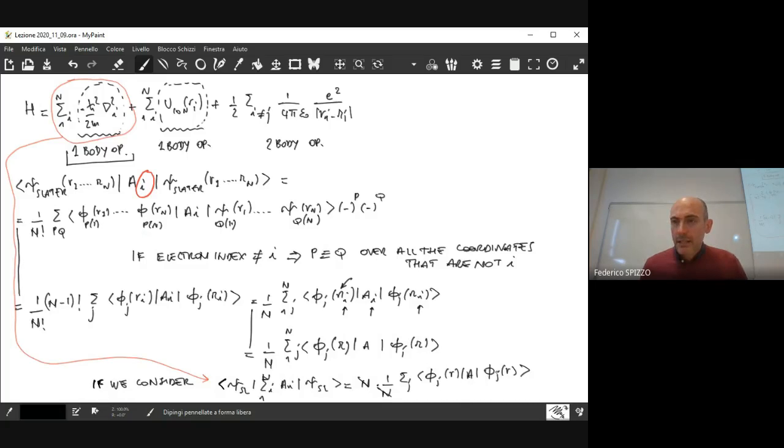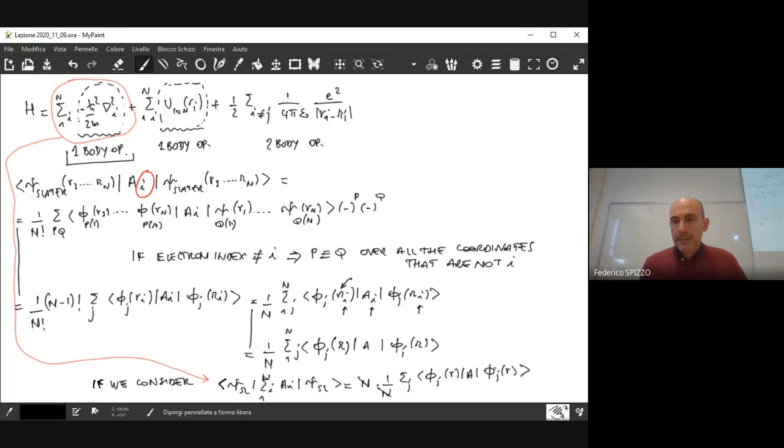So this is quite easy to evaluate and produces no difference with respect to what we would have obtained, for instance, in the Hartree approach or in a single electron approach without considering the interaction between the electrons.